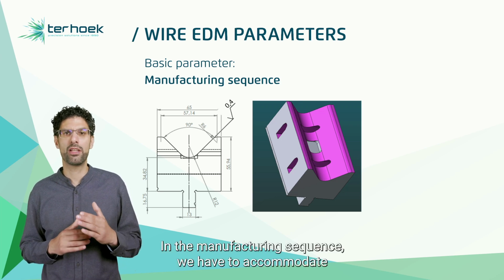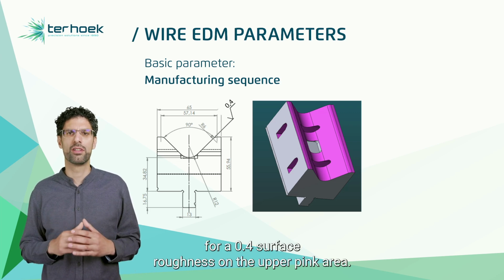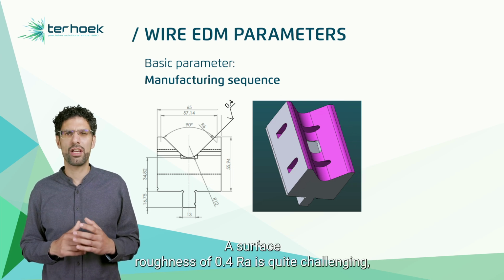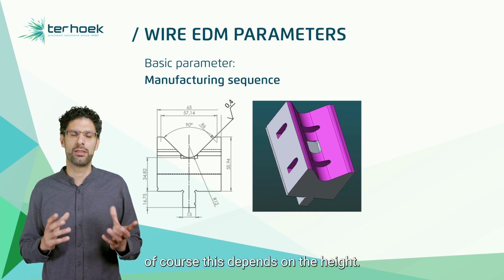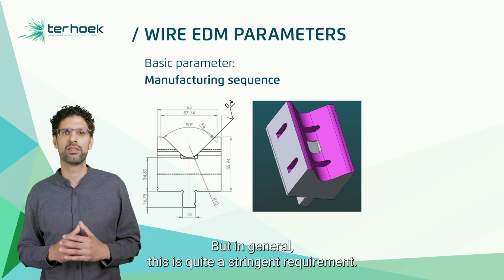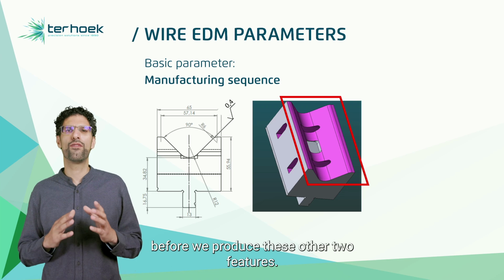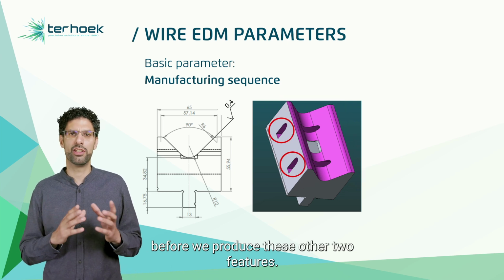In the manufacturing sequence, we have to accommodate for a 0.4 surface roughness on the upper pink area. A surface roughness of 0.4 RA is quite challenging. Of course, it depends on the height, but in general, this is quite a stringent requirement. We choose to produce this upper area feature before we produce these other two features.